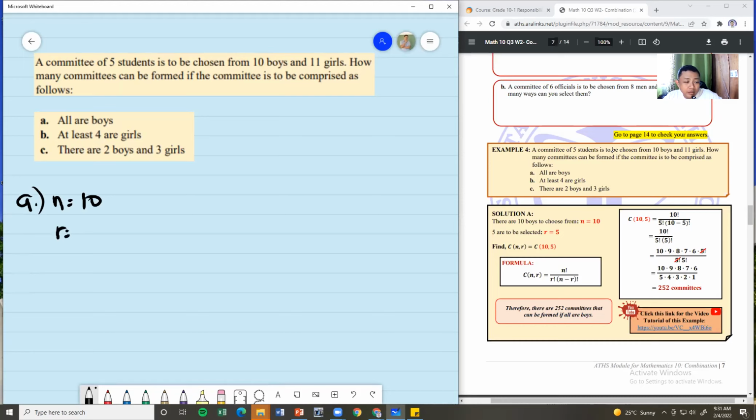What's the answer for C(10,5)? Type your answer in the chat box once you're done. You know that already. Okay, type your answers, please. Good, your classmates are now solving. Very good.